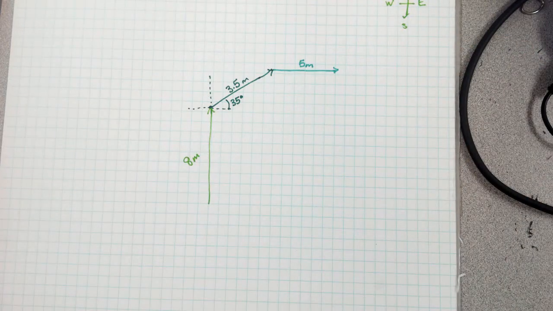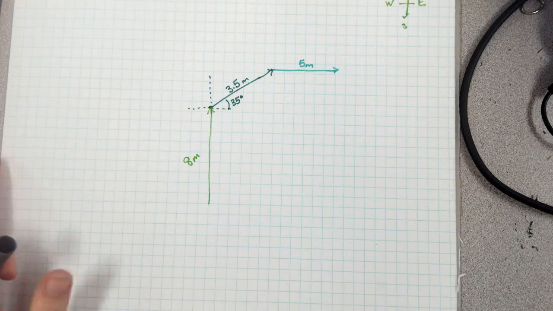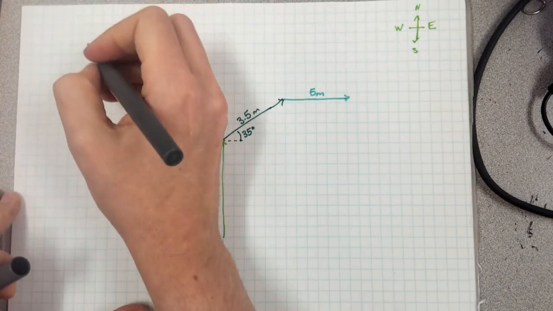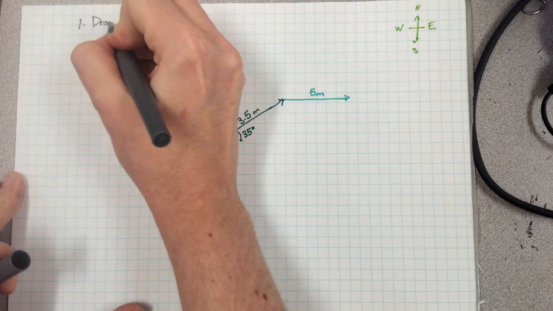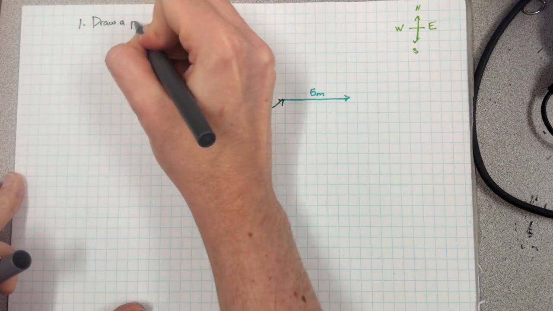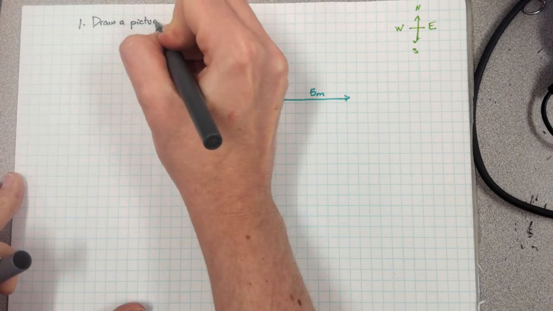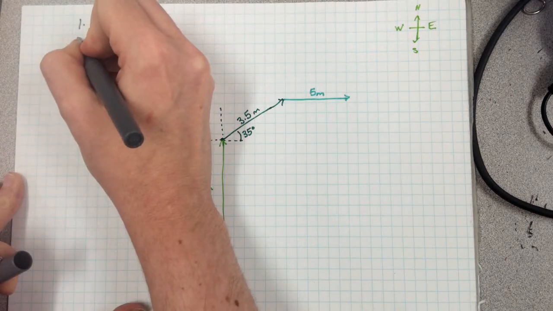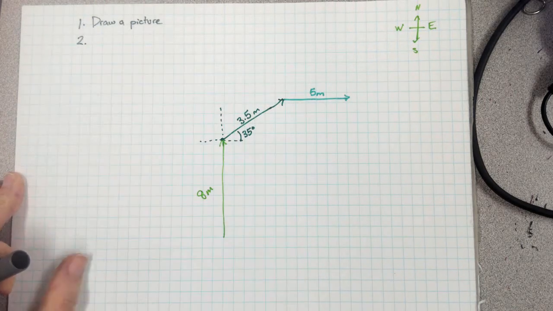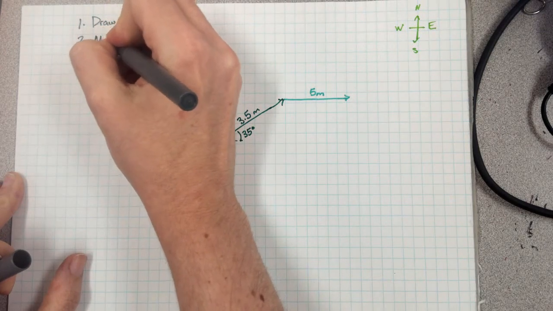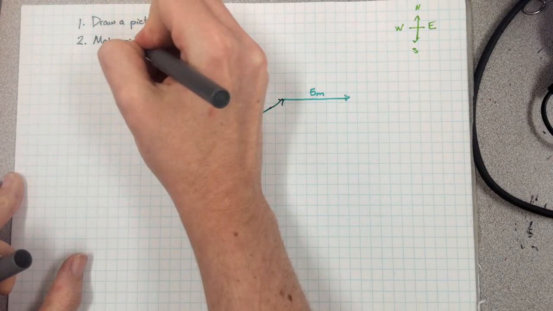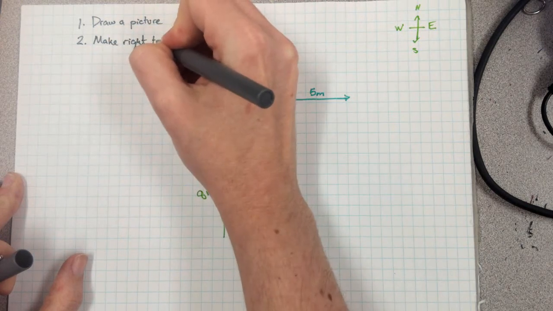And anytime you have a vector problem like this, you're really doing 3 things, and we've already done the first major step. So the first major step is to draw a picture, which we've done. The second major step is to make right triangles.